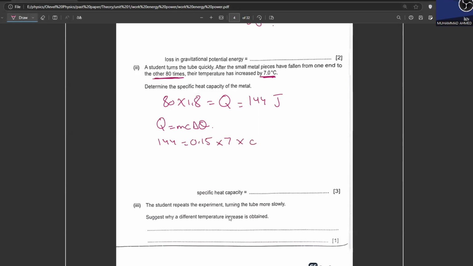Your specific heat capacity is c. 144 divided by 0.15 into 7 is your specific heat capacity. Let's answer this. 0.15 into 7 gives you a value of 137 as your specific heat capacity. What will be the units of specific heat capacity? Joules per kilogram per degree centigrade.